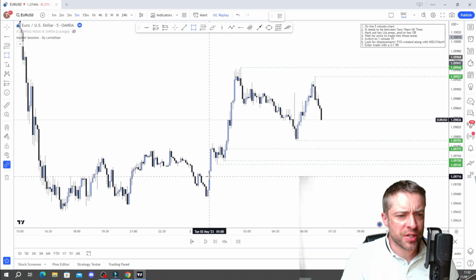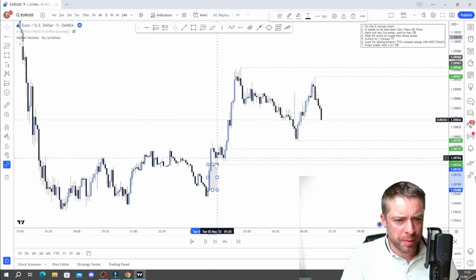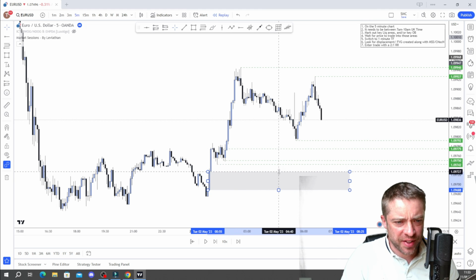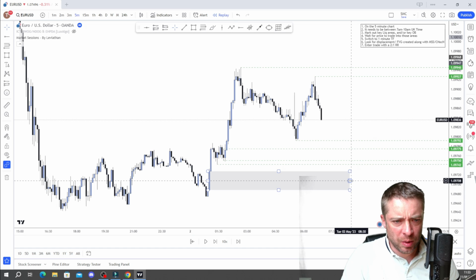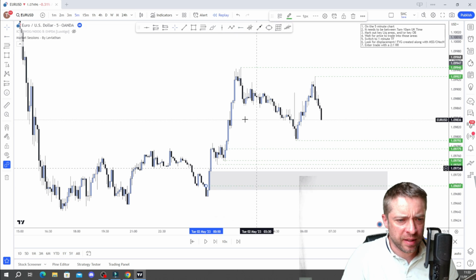And we've got, if we look here, a big fair value gap from there. Well, I'm going to say it's to there because it's already been mitigated here somewhat. Well, actually, it's to there, isn't it? Which makes this order block down here, in my opinion, valid.